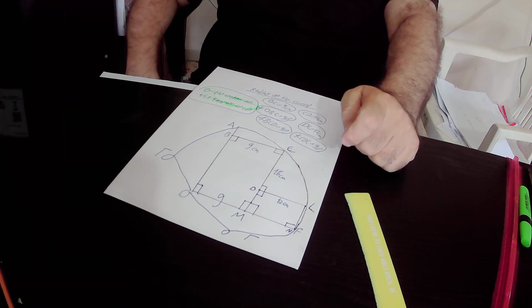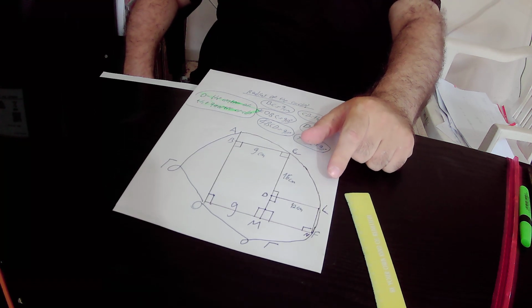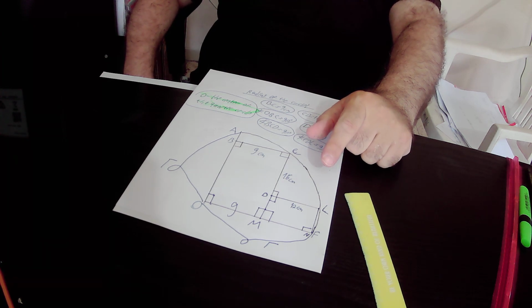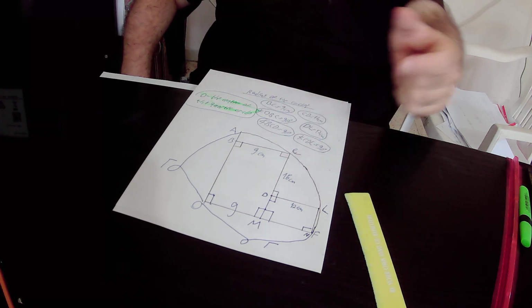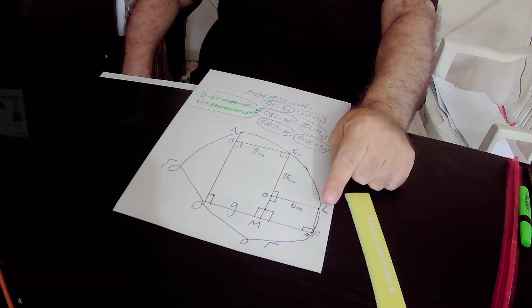Therefore, we can say for sure that the radius OF of this quarter circle will be very close to the value of ON, because the distance between points N and F is very, very small.